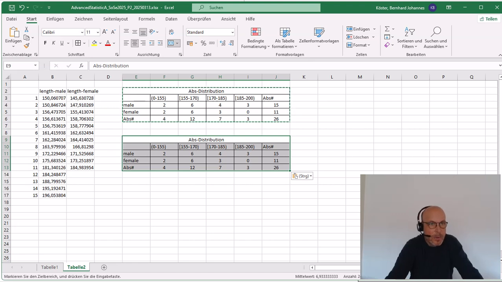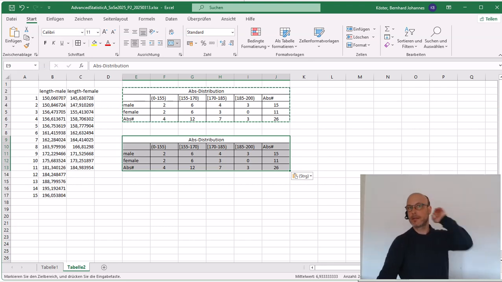So what we now want to know is how many people are relatively male and in parallel lower than 155 centimeters. What is the empirical probability that I am male and smaller than 155 centimeters?